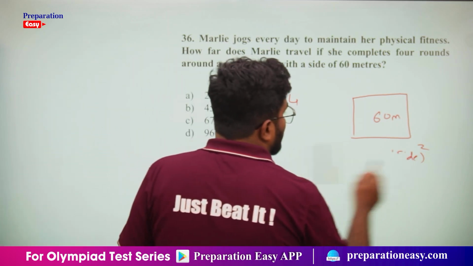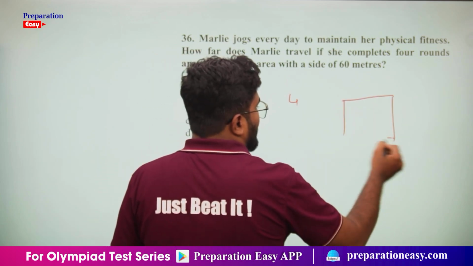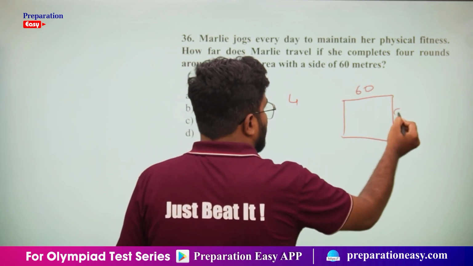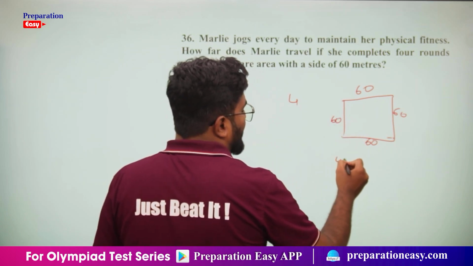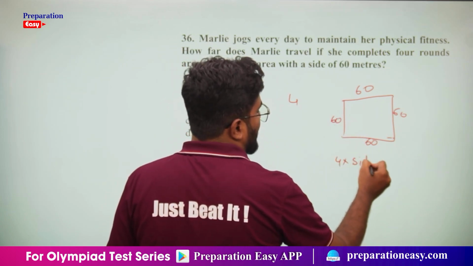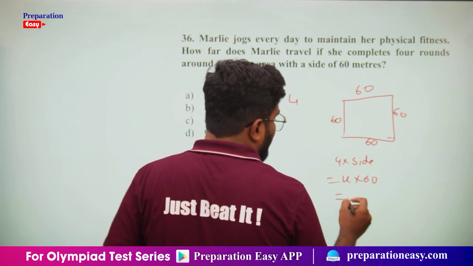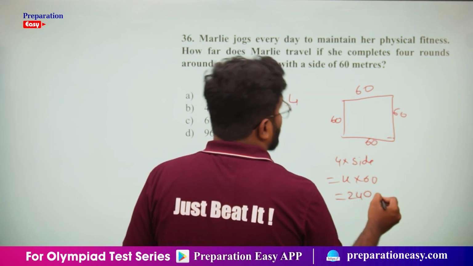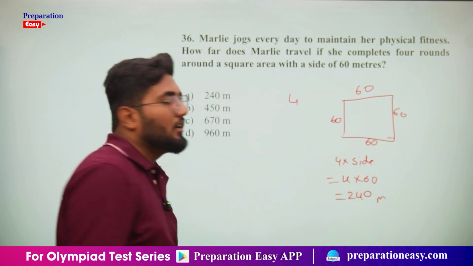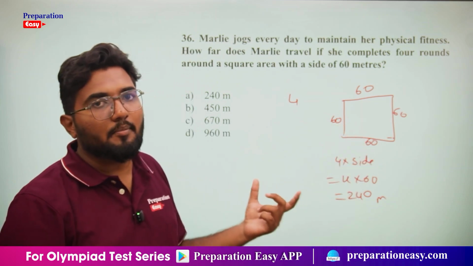The side is 60. So the perimeter would be 4 times side, equals 4 times 60, which equals 240 meters. The boundary would be 240 meters.